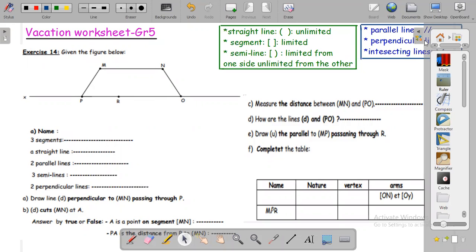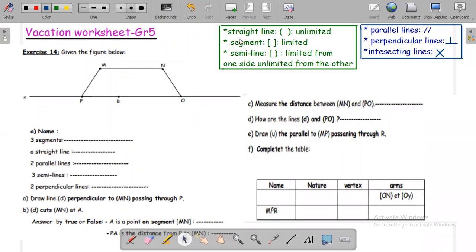So first, let's remember the meaning of a straight line. We put parentheses, and it is unlimited. We can elongate it. With parentheses, we can write small letters or capital letters. A segment, we put brackets, and it means it is limited.